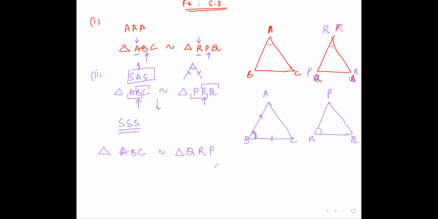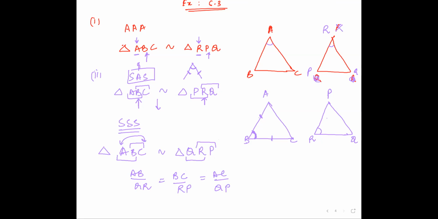So which side is in proportion to which side? Same as I told you, AB upon QR. So you will write AB upon QR is equal to BC upon RP, is equal to the corner ones, AC, the remaining third side, upon QP. Clear?